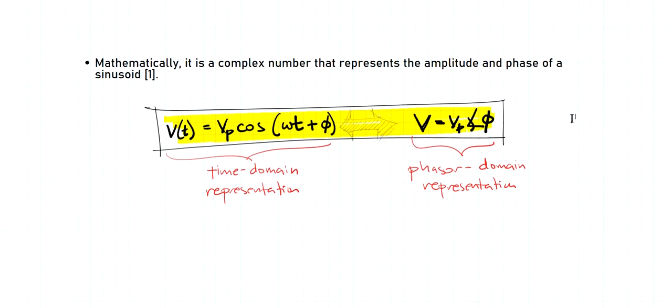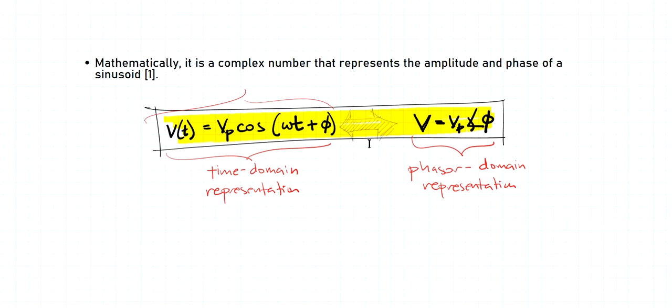Next one is the phasor in terms of mathematics. It's actually a complex number. So recall that this is our sinusoid. This is the expression of a sinusoid, commonly referred to as a time domain representation, as a function of time.